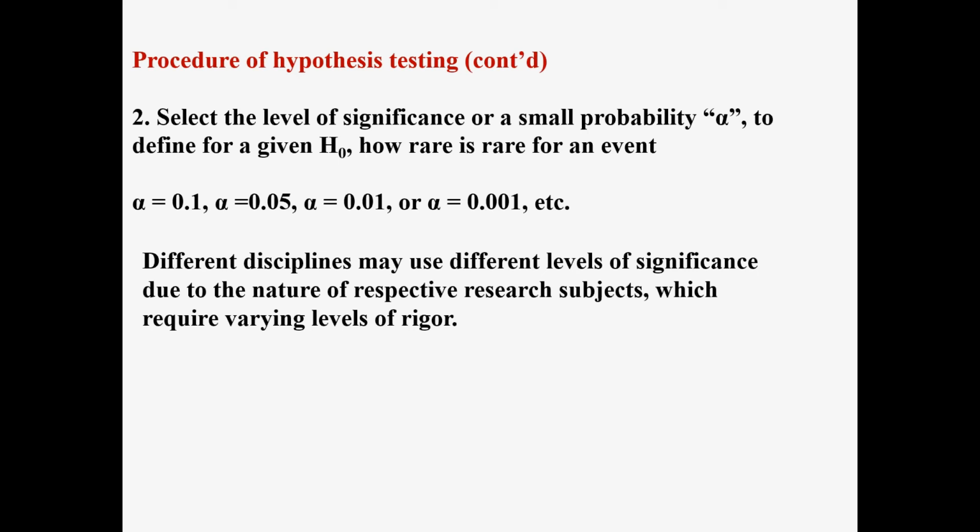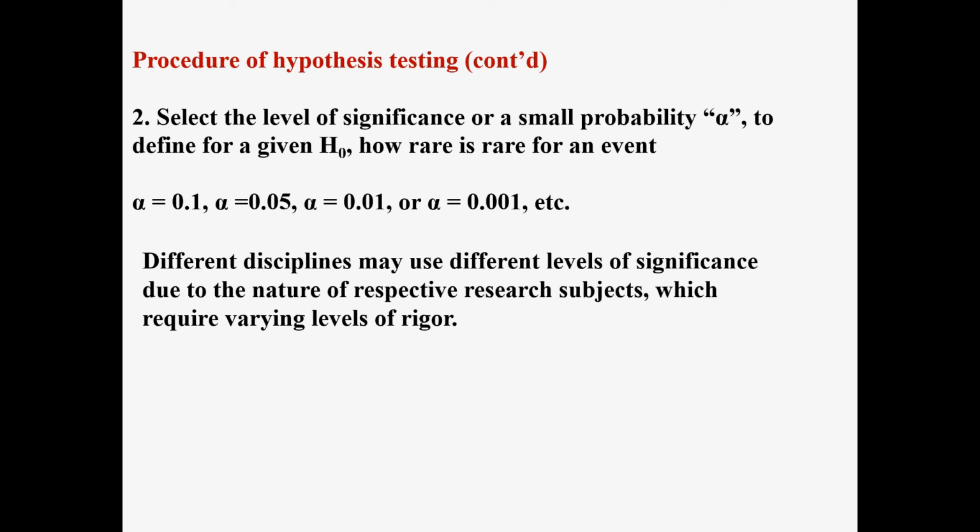The second step is to select the level of significance. This is to choose a small probability that we call alpha. The reason that we want to determine the level of significance is to set up a standard, a benchmark, for a so-called rare event for the given null hypothesis.